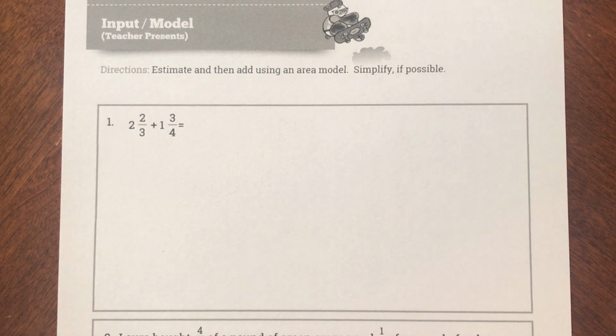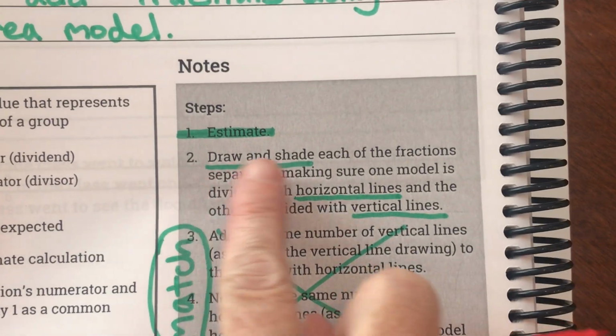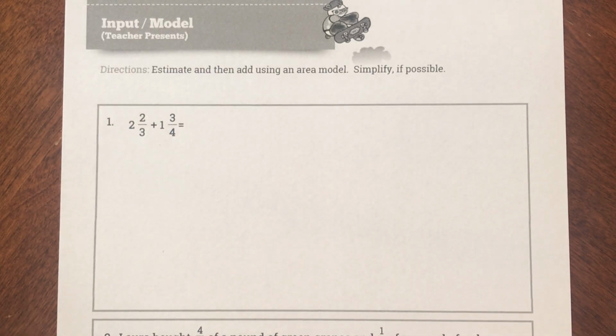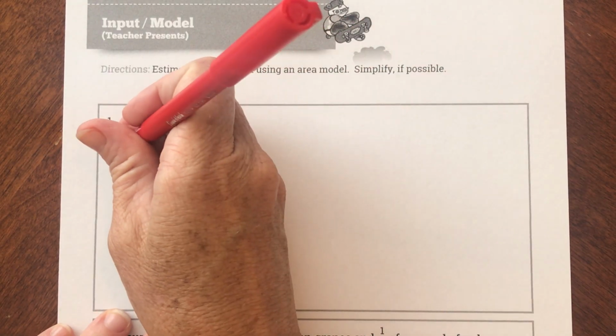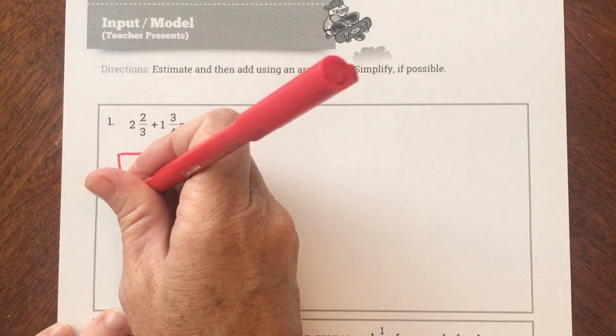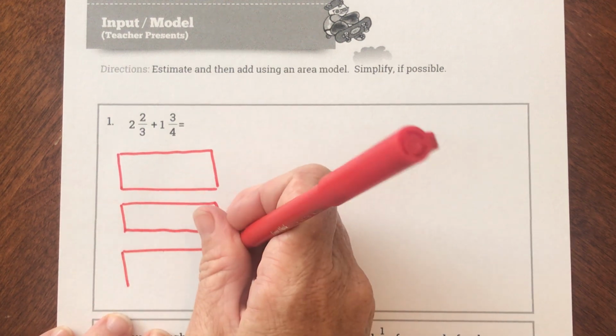Okay, my first problem says 2 2/3 plus 1 3/4. Okay, so let's look at my step. Draw and shade. One has to have horizontal lines and one has to have vertical lines. So I'm going to draw my first one, 2 2/3, which means I have 2 wholes. And then I have 2/3.